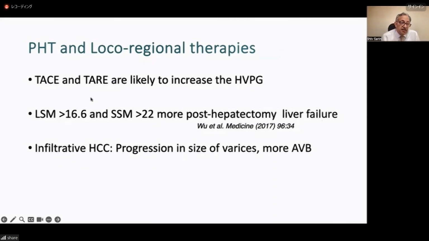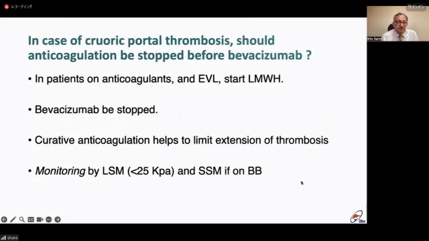It means these patients have portal hypertension and cirrhosis. In a patient with infiltrative HCC, where the whole tissue and the portal vein are infiltrated, there is a rapid progression of varices. Such patients must be carefully monitored. There is more acute variceal bleed.